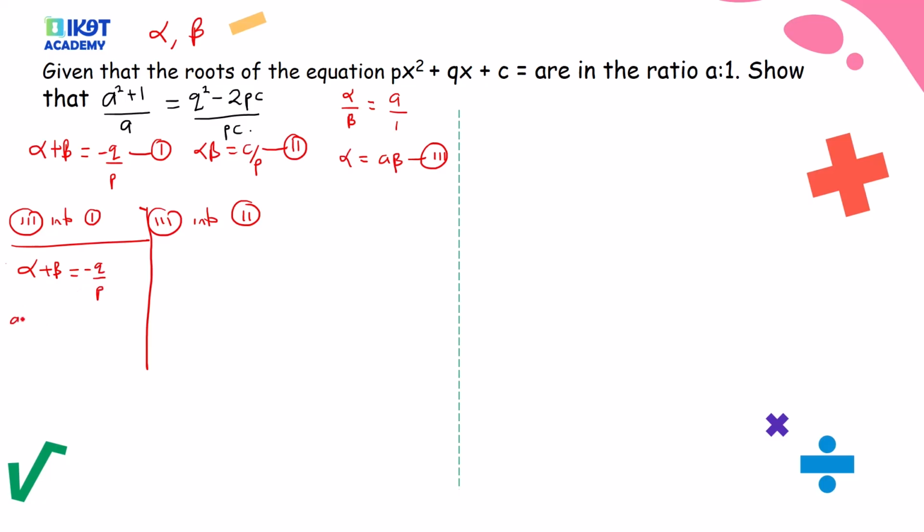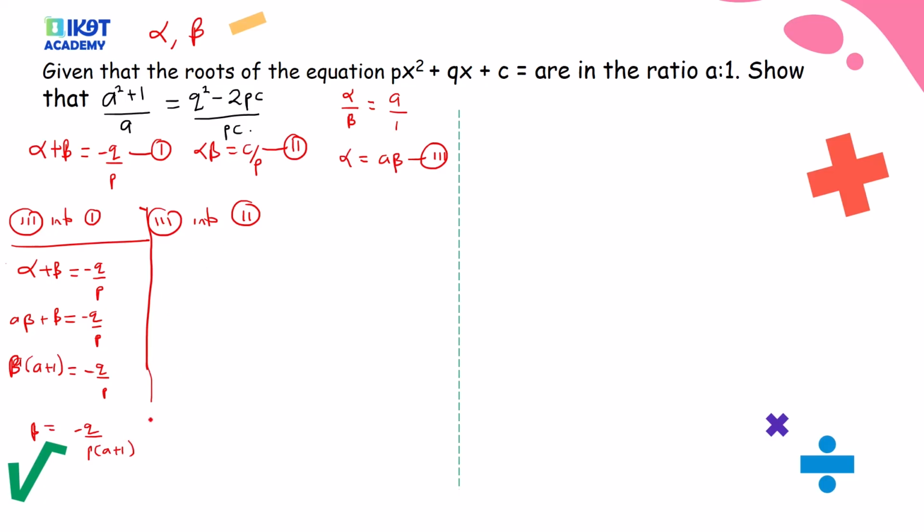But what is alpha? A beta plus beta is equal to negative q out of p. So what do we get? Beta into (a plus 1) is equal to negative q out of p. So beta is equal to negative q out of p into (a plus 1).